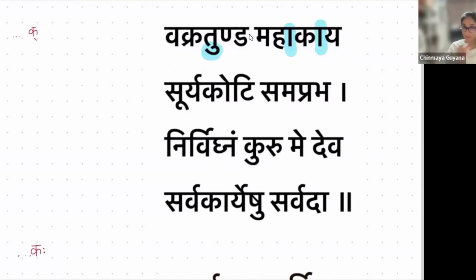I hope you also had fun identifying the vowel symbols that you know now in these most famous shlokas. This was Vakratunda Mahakaya. So we had done the first line already in class. Now the second line.